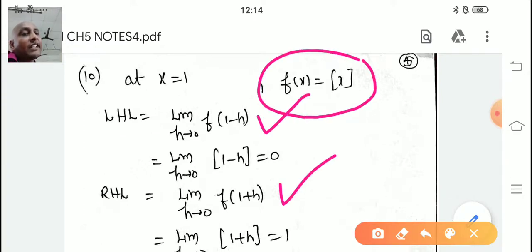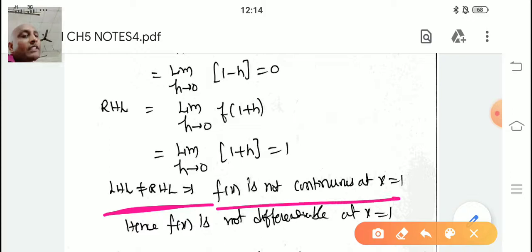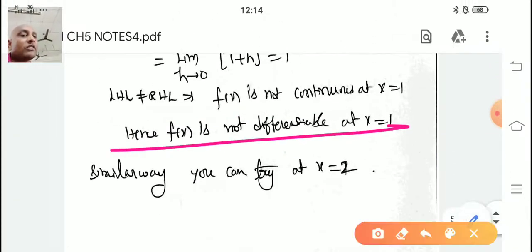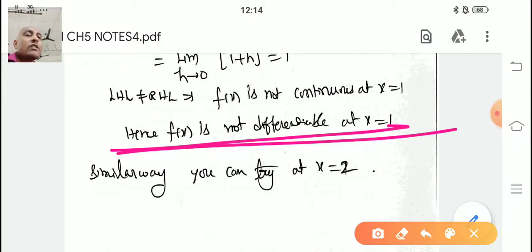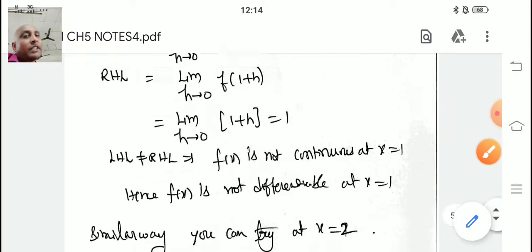The left hand limit and right hand limit of the greatest integer function at x equal to 1 are not equal. When they are not equal, f of x is not continuous at x equal to 1. Hence the function is not differentiable at x equal to 1. Similarly, you can do the other part of the question, at x equal to 2, and prove that the given function is not differentiable. This greatest integer function was also explained in the last session.